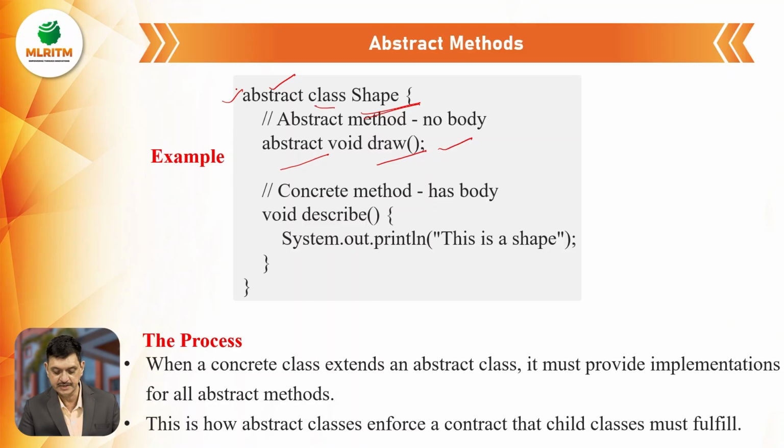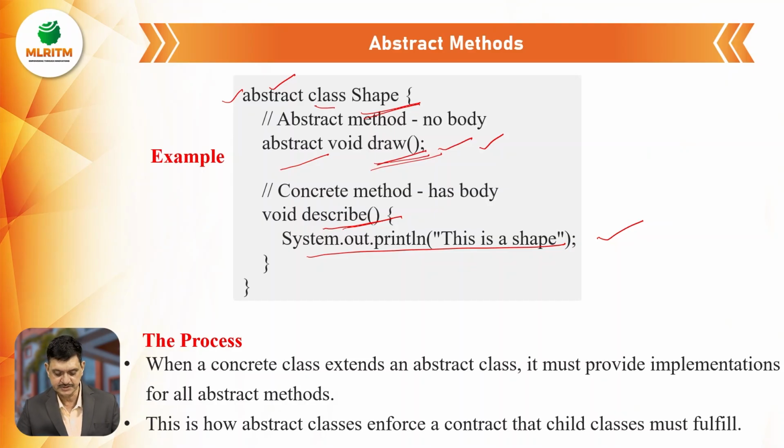This also contains a describe method which contains a definition also. That means draw is an abstract method, and describe is a concrete, non-abstract method. Concrete methods contain a full body, whereas abstract methods contain only the signature, the declaration, no definitions.